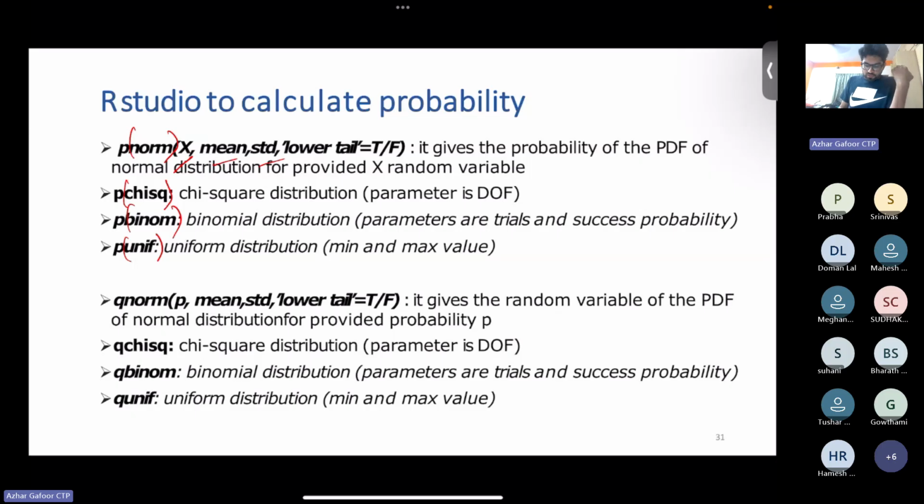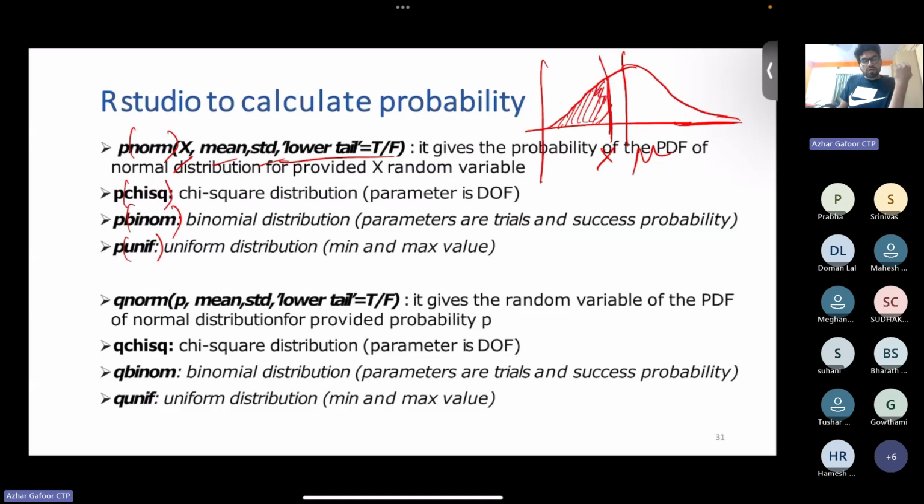Then lower tail equal to true or false. You have seen the normal distribution table. If lower tail is true, it will calculate the probability of occurrence. Let's say we have given our x here. That will calculate this probability or this area.